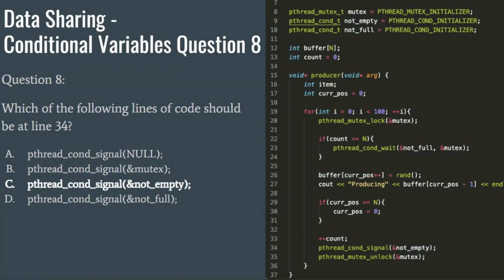But for consumer, you want that to wake up when there's stuff in the array, so it can take stuff out of the array. So you need to identify which condition belongs with which function. Once you identify that, you can use it in the condition wait, and then you can use the other condition in your signal to wake up the other function.